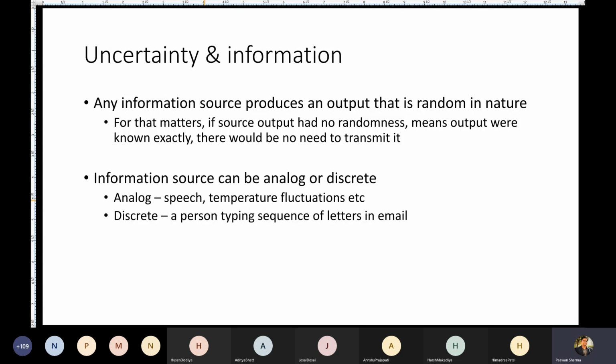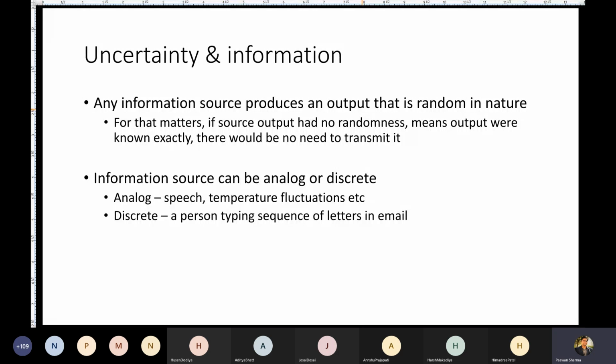Now, you may question why we are trying to establish a link between uncertainty and information. So that first paragraph will explain why we are trying to look out for the relationship between uncertainty and information. Any information source produces an output that is random in nature.